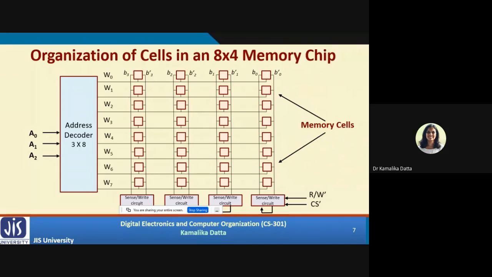And then you have bit lines, because you might need to read whatever value is here, or write something into it. So the sense or write circuit will either read or write the value. We'll look into all these things later in detail. But for now, understand that for an 8 cross 4 memory chip, you need 3 address lines and a 3 cross 8 decoder.